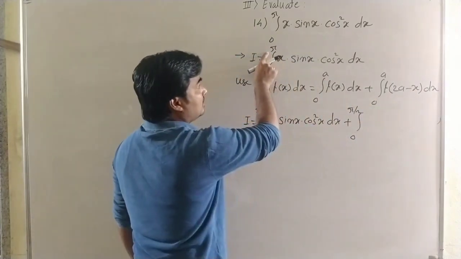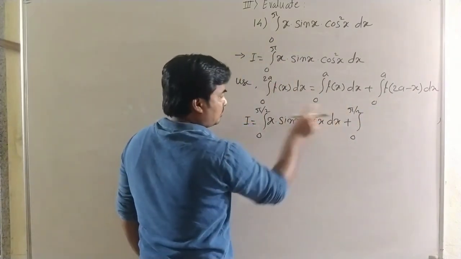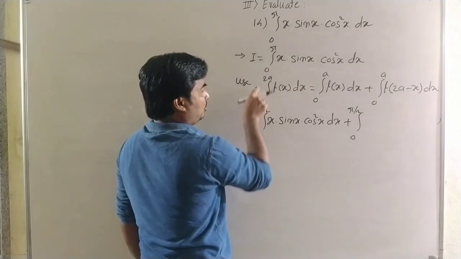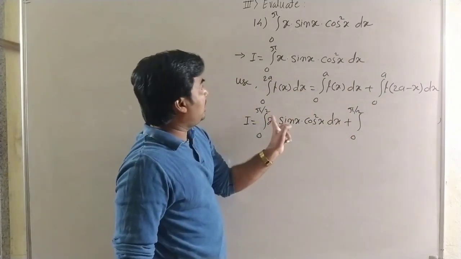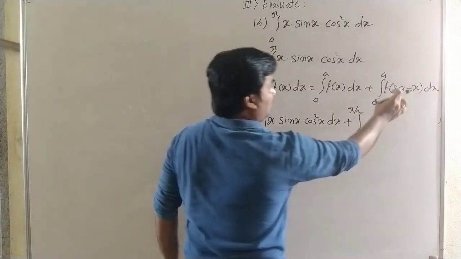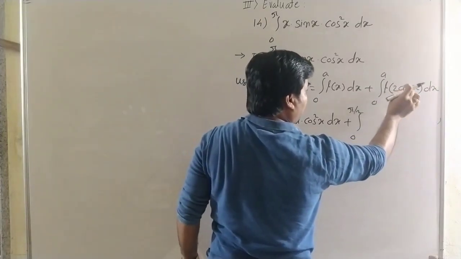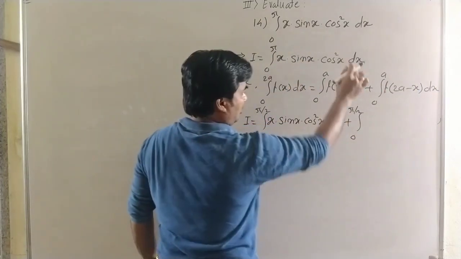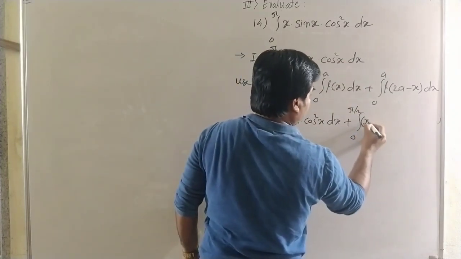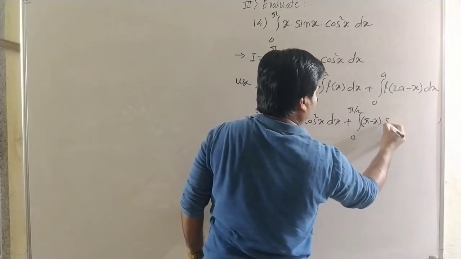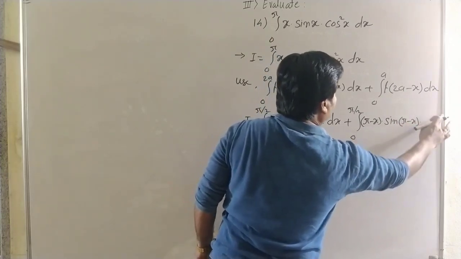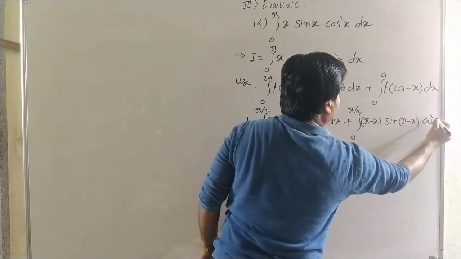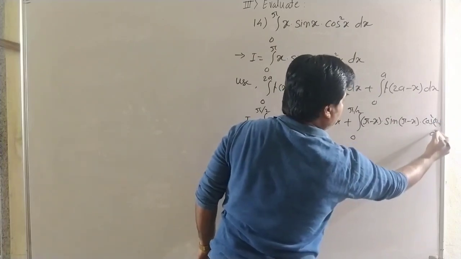Here 2a is pi, so x is replaced by pi minus x in all terms, therefore it is pi minus x into sin pi minus x into cos square pi minus x, and dx.